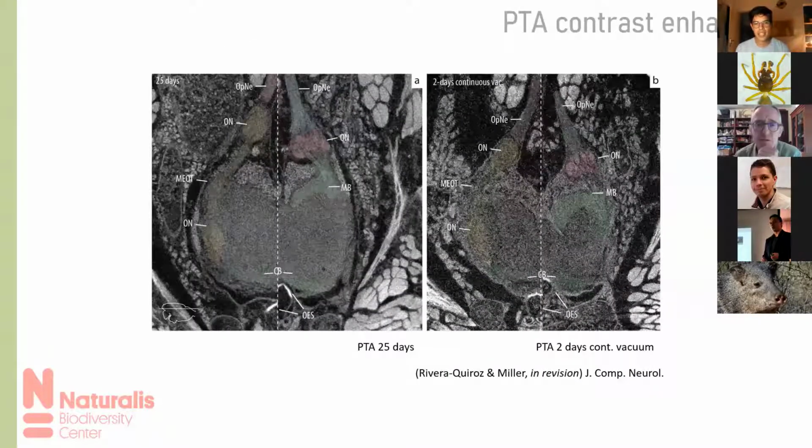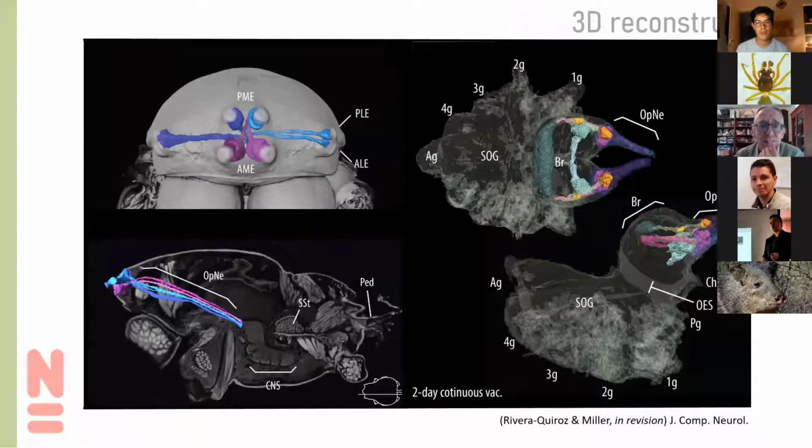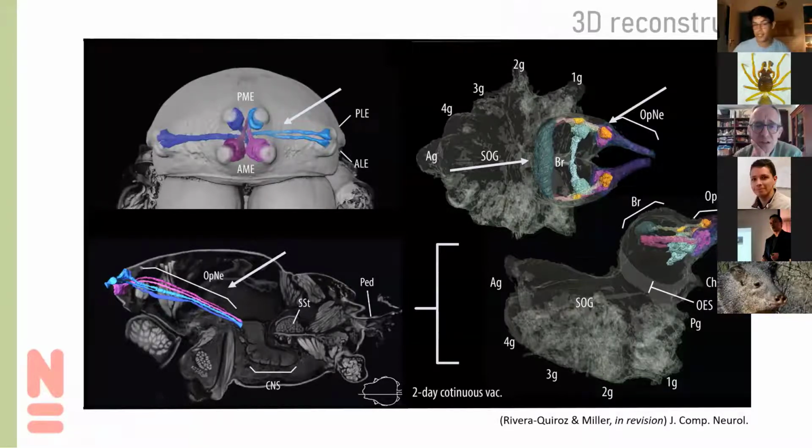And the best part is that although we can see some differences in the quality of the scans, we were still able to identify all the parts of the brain and recognize them. And even we were able to make 3D reconstructions of all of these parts. We focused especially on the optic nerves, on the optic neuropiles, and the whole central nervous system.